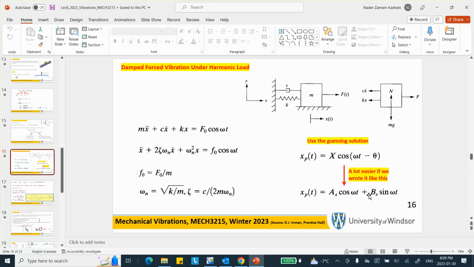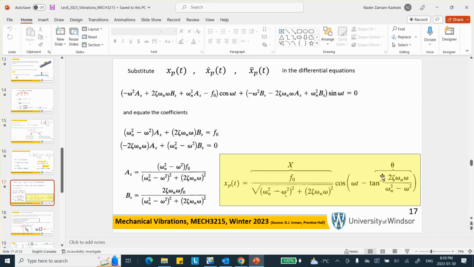The expressions for AS and BS we got were horrible, but we got them. You can combine these two by that trick of taking the square root of AS squared plus BS squared out, and there's going to be some stuff left here. Then one of them is going to be sine of theta, the other one is going to be cosine of theta, and there we are. This is what you get.